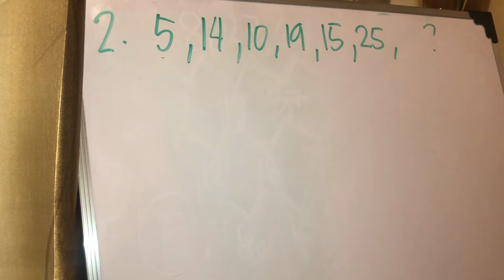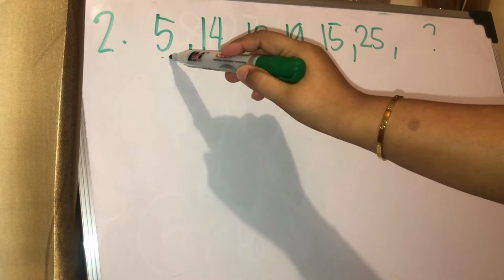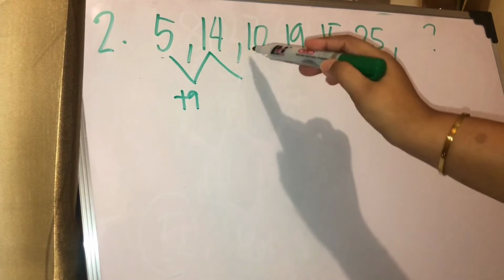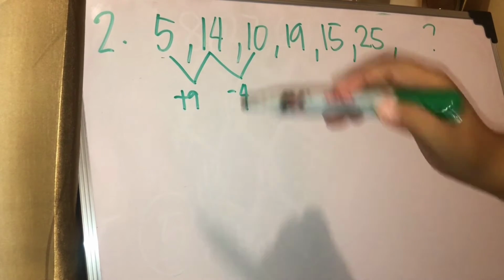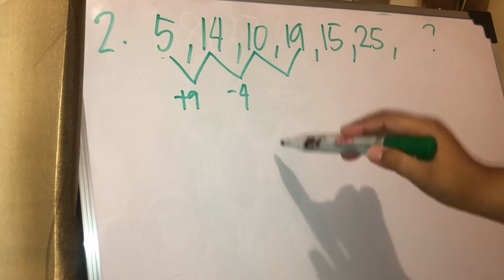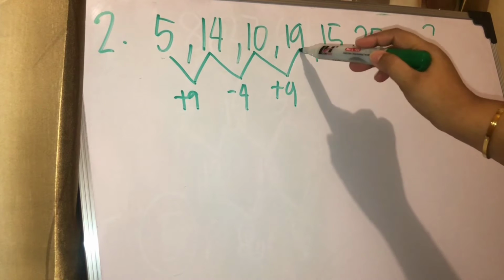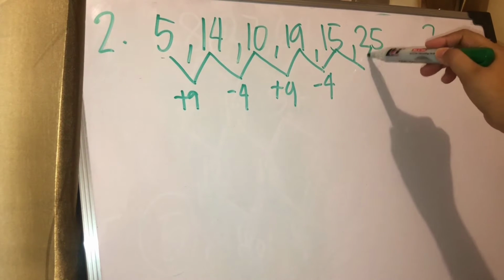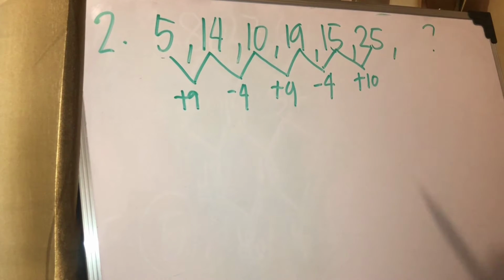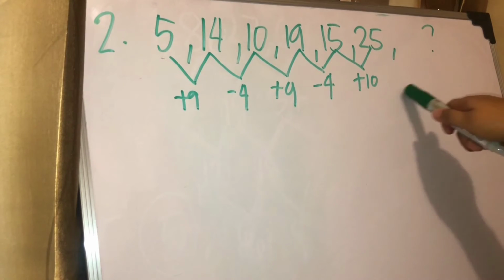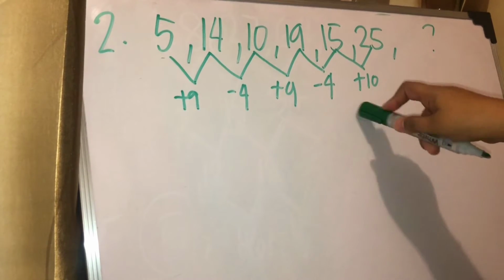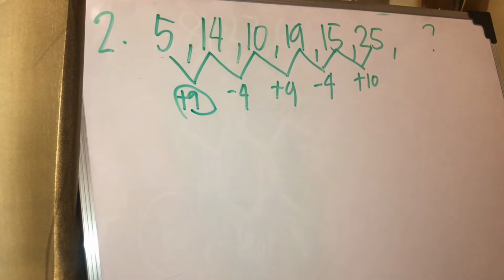You can see their differences: from 5 to 14 is plus 9, and 14 to 10 is minus 4. So 10 to 19 is plus 9, and 19 to 15 is minus 4, and 15 to 25 is plus 10. There's a pattern, but the last one is plus 10 instead of plus 9.